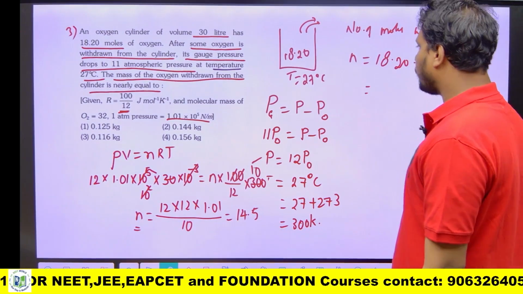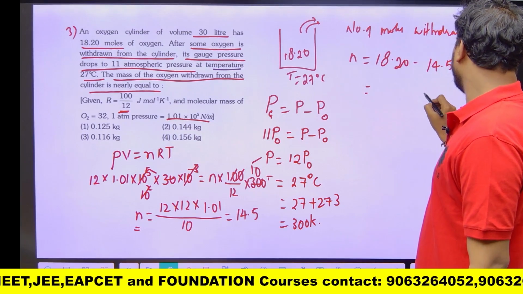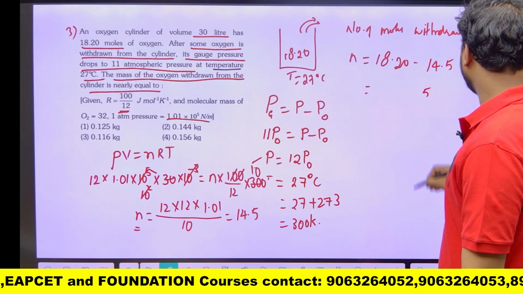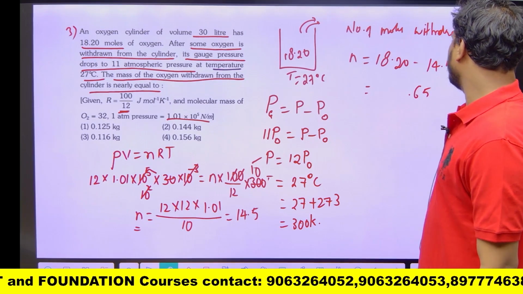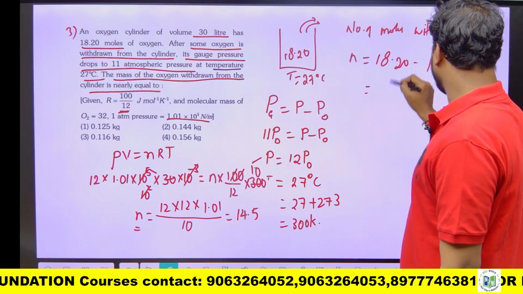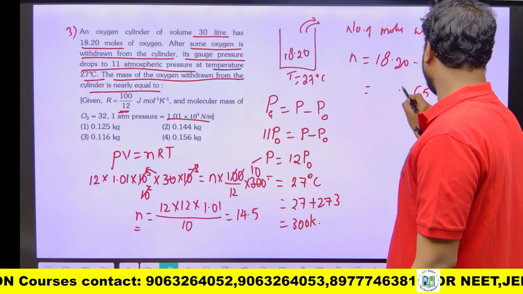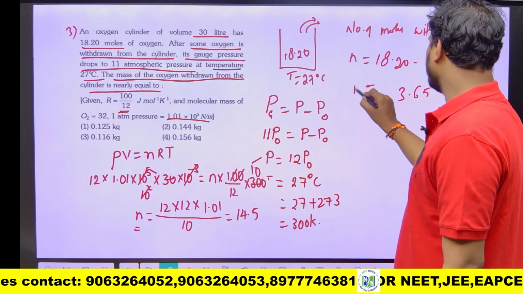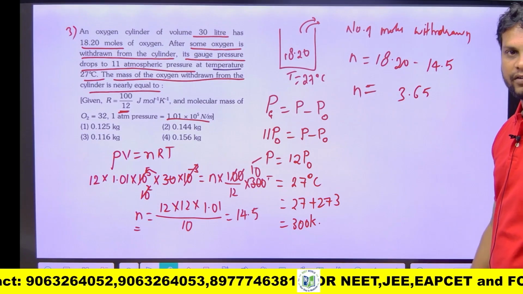So if you take approximately, this value will be 5 and this is 6 point, this is 4, you will get 7 minus 3, 7 minus 4 which is equal to 3. So the number of moles withdrawn is 3.65.